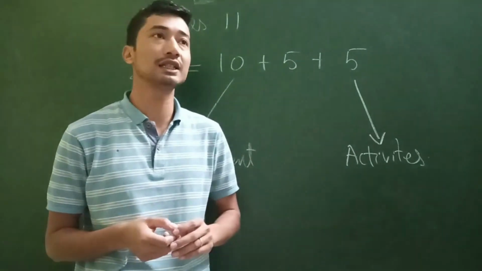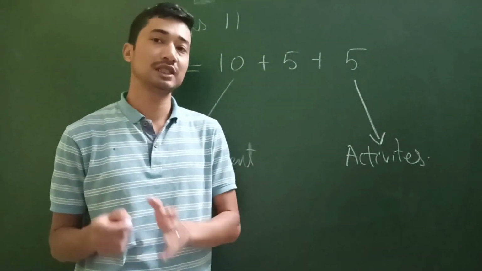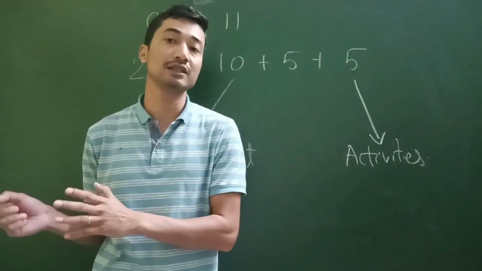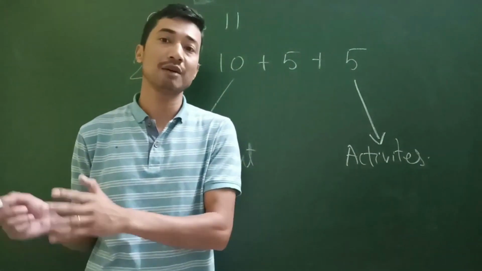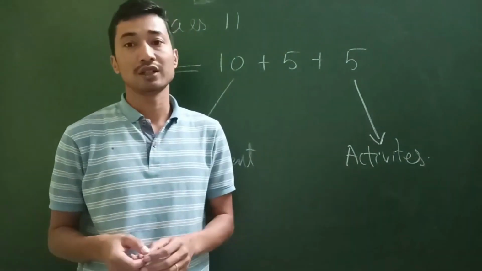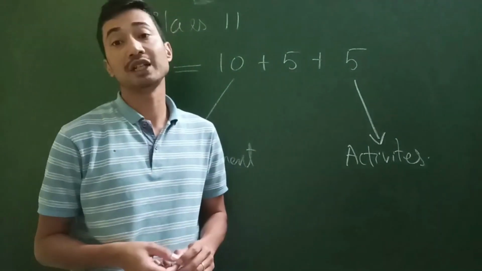You can go to the link and download the mathematics lab manual for class 11 NCERT, or you can just type the keywords NCERT maths lab manual class 11 mathematics. Definitely you will get the PDF file.